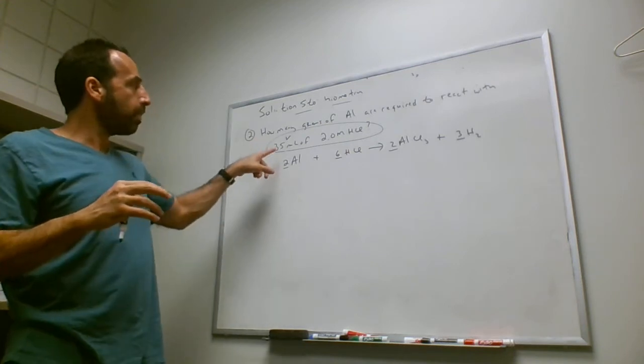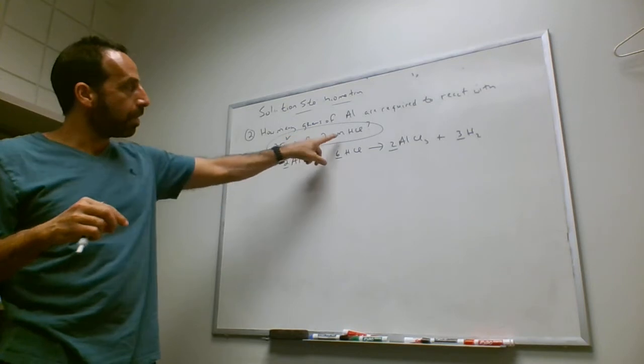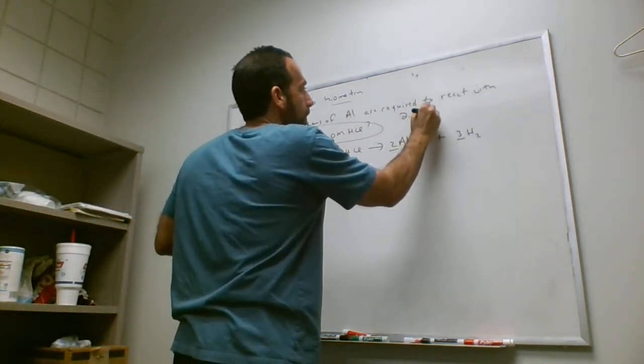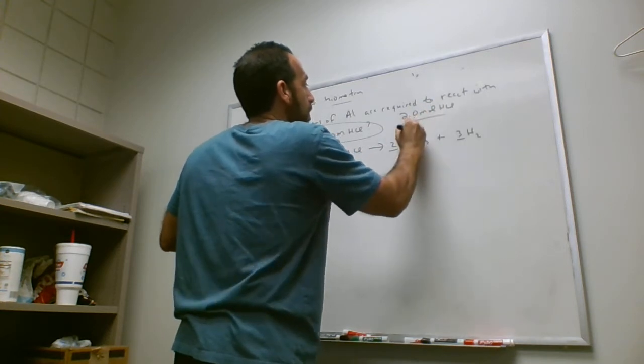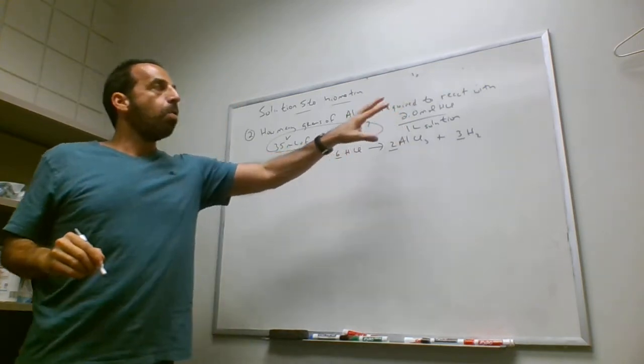A couple of things I'm going to do with this: I got to change this volume to liters. And remember, it's because the 2.0 molar means 2.0 moles over 1 liter of solution.